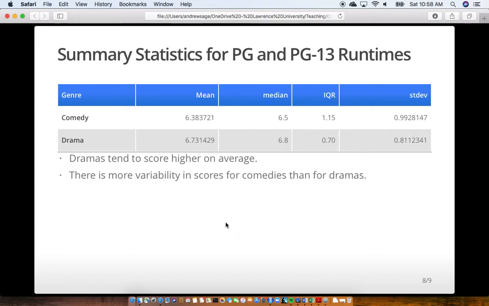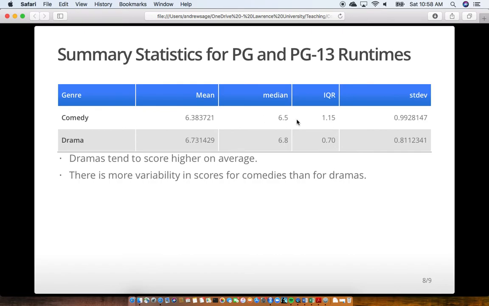Here's a table displaying the mean, median, interquartile range, and standard deviation for each of the types of movies. Again, we see that dramas score higher on average with a mean score of about 6.7 compared to 6.4 for comedies, and the median for dramas is about 6.8 compared to 6.5 for comedies.